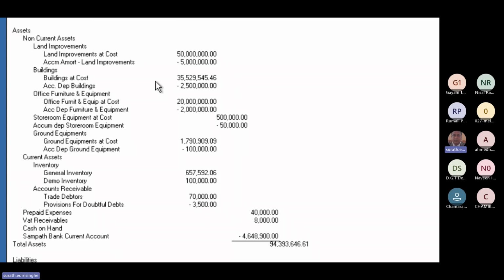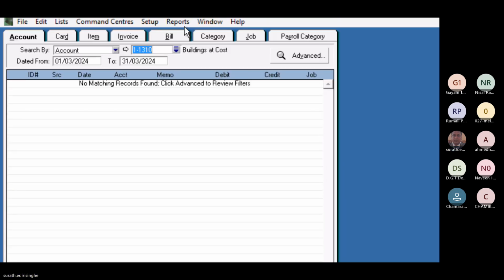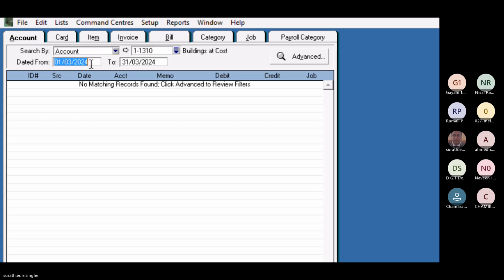Look at it. Building cost. Customize your period. Look at it. 5 rubber mats are there in the building. Understood the way? We are not capitalizing the total items to the building cost. Part of the assets are capitalized and balance items are in the warehouse.